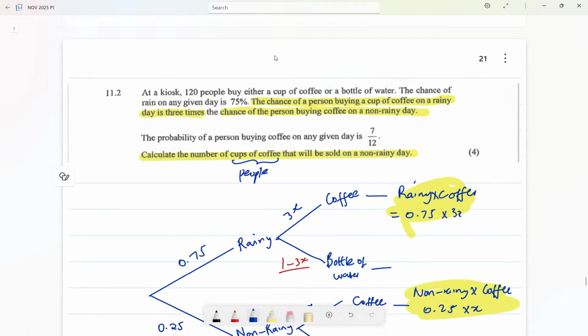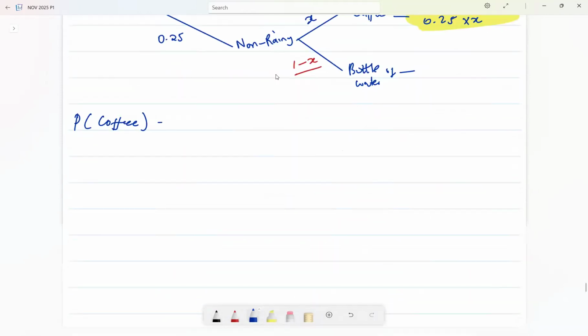The probability of you buying coffee is the probability of buying coffee when it is raining, or when it is non-rainy, yet you are still buying coffee. In this case it is independent of the weather.